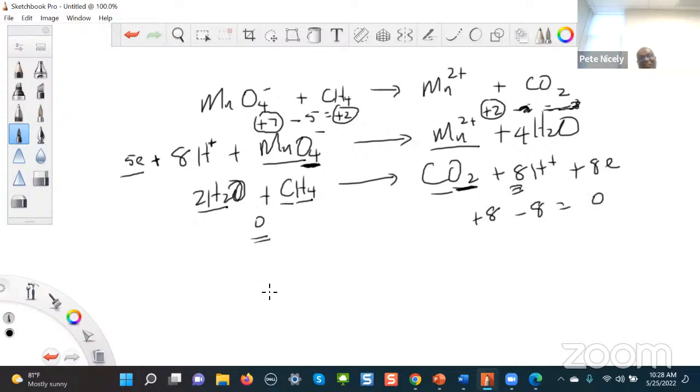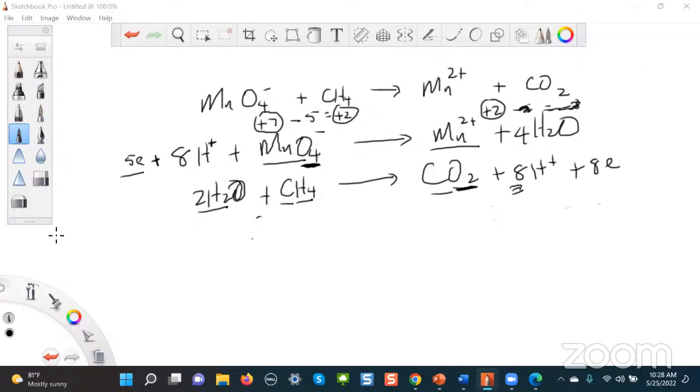Okay, so let me just erase this here just to make some space. So what's the next step? We combine them together. But before you do that, there's something you need to do. Very important step. I mean, all the steps are important, but you want to make the electrons on each side equal.